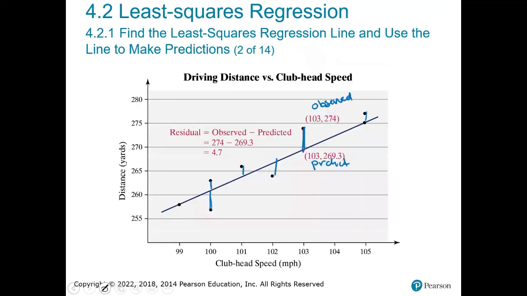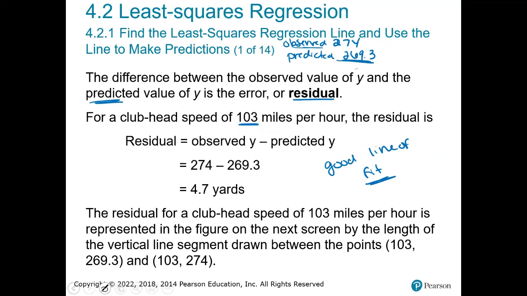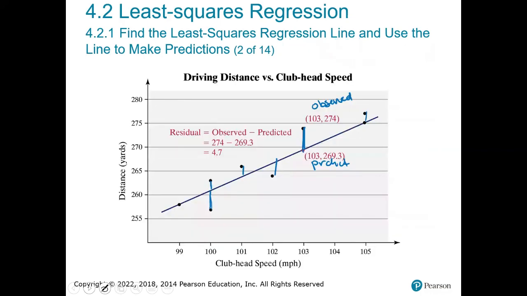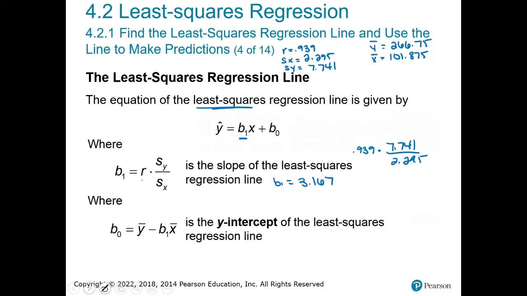When we made ours, the slope was 2.833. So clearly our slope was a little off. But that's what happens when you make it on your own. Next up, we're going to find the y-intercept. We take our y mean, 266.75, minus b1, 3.167, times 101.875.